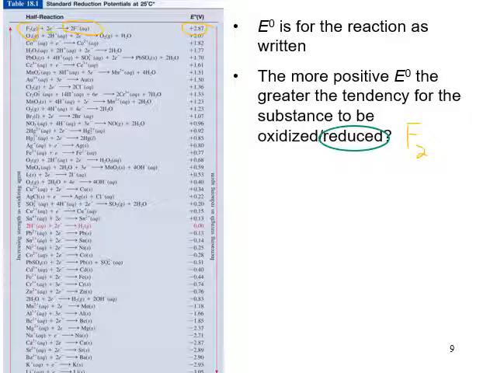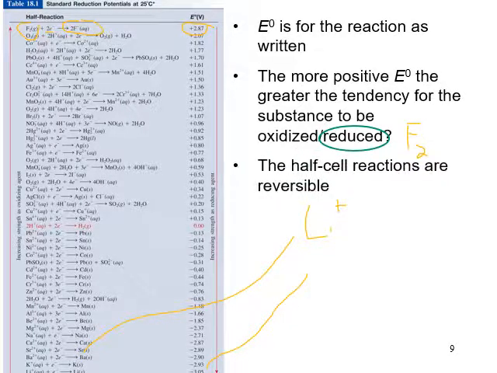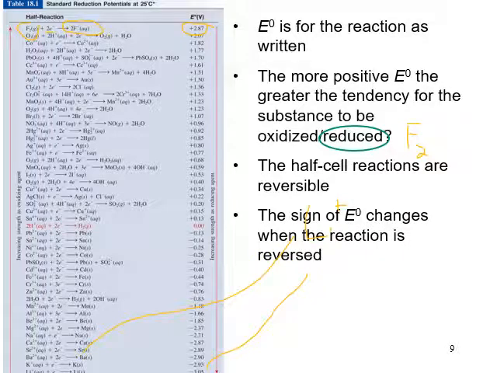If you look at the bottom of the table down here, you can see that lithium ion does not want to be reduced. So that's why it has an extremely negative E of cell, E of your half cell. And they're all reversible. And if you do reverse them, of course, your EMF reverses its sign.